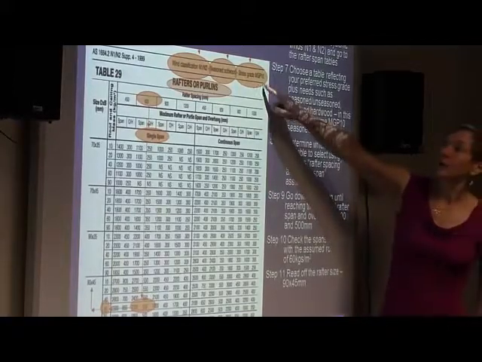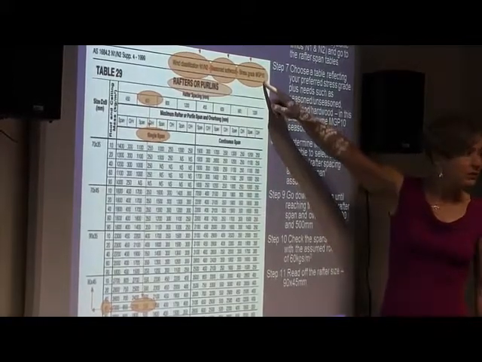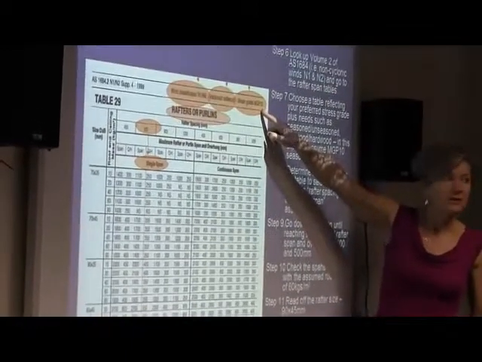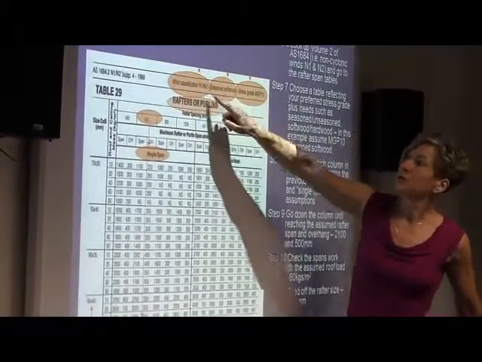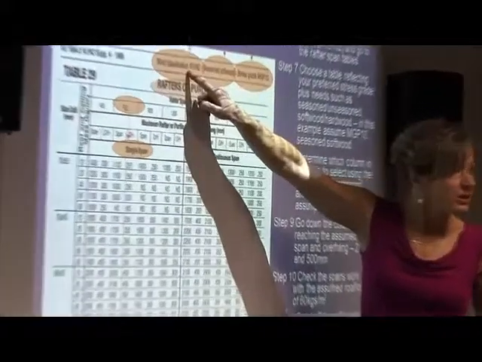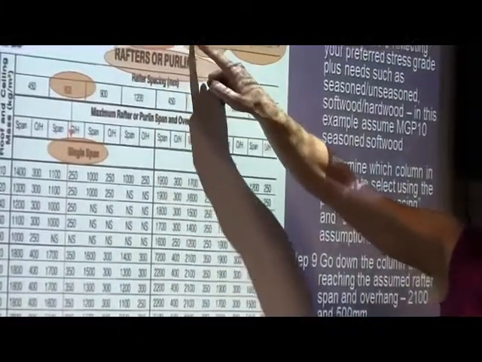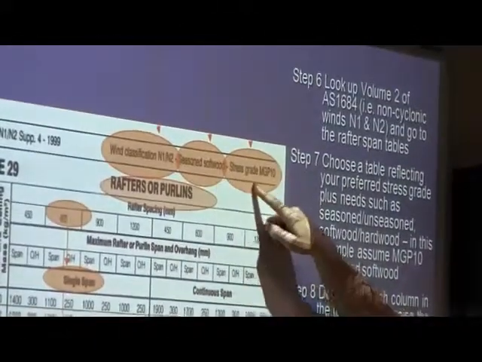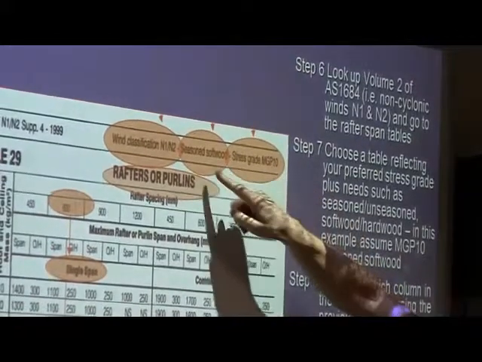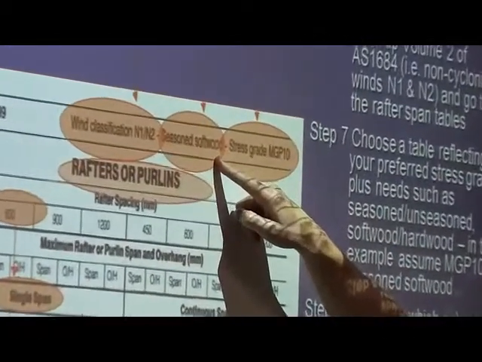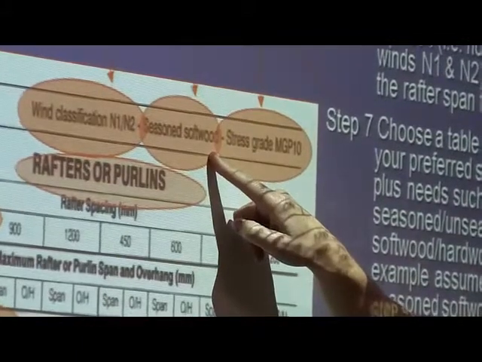But on the top right-hand corner, you'll see the stress grade. This table is for. You'll see what the wind classification is, and then what type of timber this MGP10 is. It's seasoned softwood. Okay, it's seasoned radiata pine.